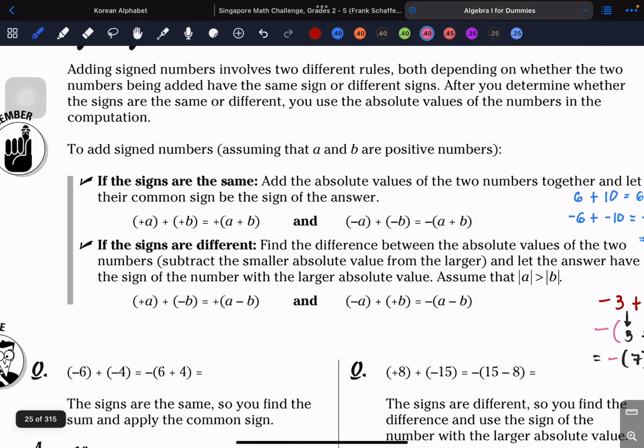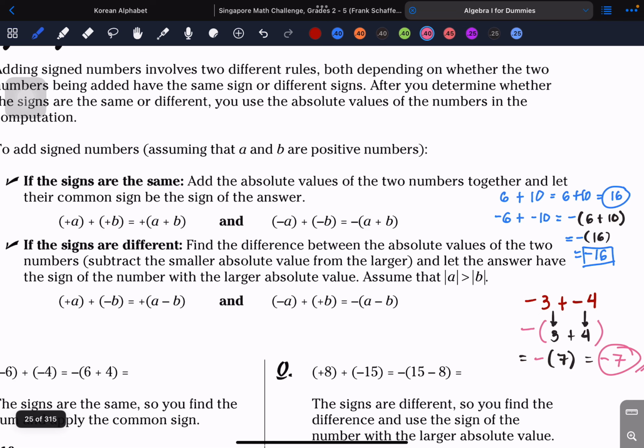Next rule that we have, if the signs are different, find the difference between the absolute values of the two numbers. Subtract the smaller absolute value from the larger and let the answer have the sign of the number with a larger absolute value.